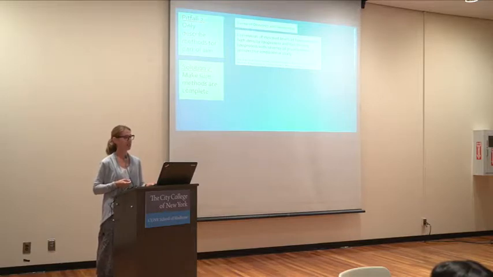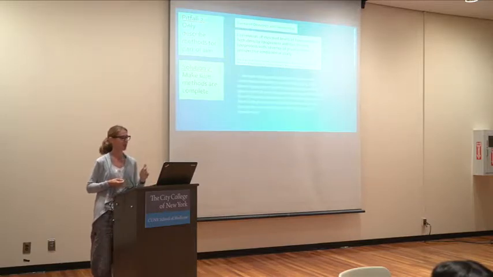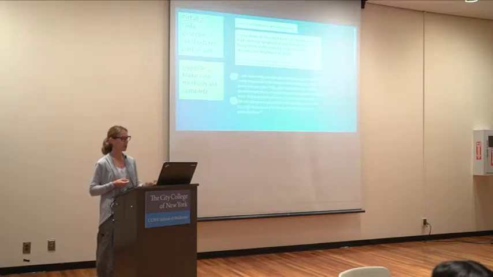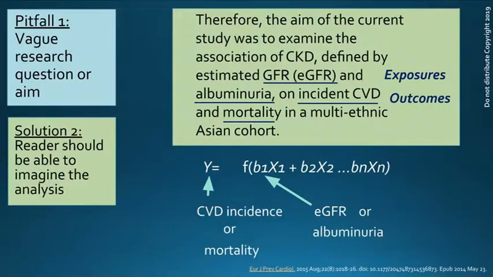I'm not going to read every word of this example, but here you have a research aim with 2 parts to it. And so the methods should describe both of these aims. And in fact, the methods section does describe both of these aims in this example.